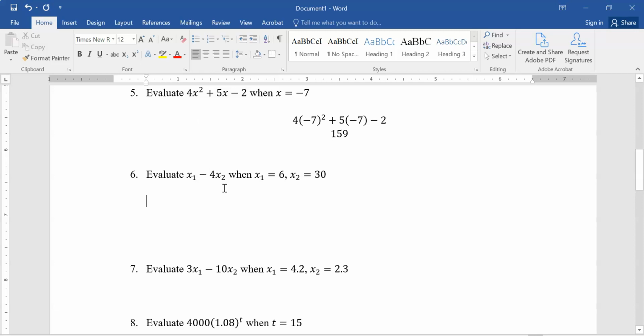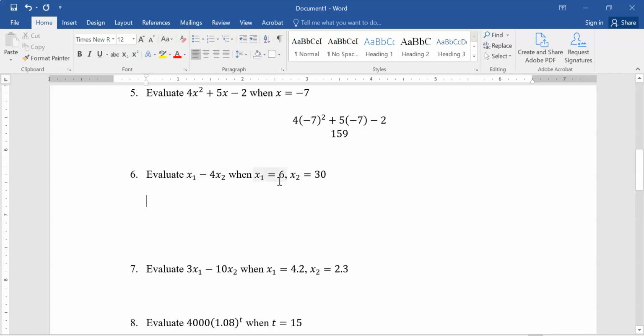But when the 2 is at the bottom right, it just means this is my first variable and this is my second variable. It's kind of like someone saying, let's take a minus 4b, where a is my first variable and b is my second variable. So this x1 is just the first variable, and x2 is just a stand-in for the second variable.